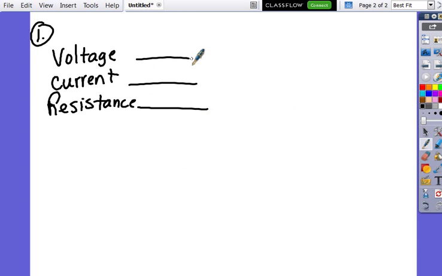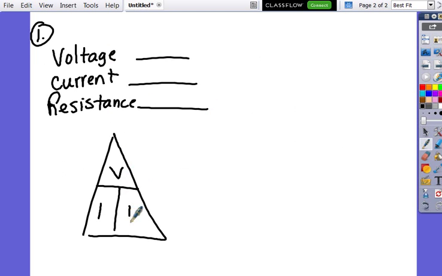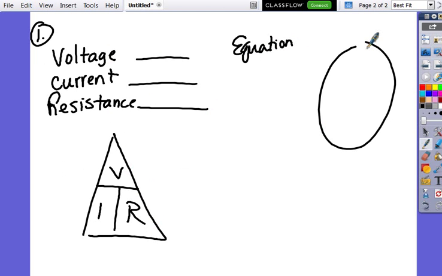We've got our three variables there. And you notice that it also has the triangle. And then it's got a place for you to put the equation. And then it's got a circle. We're just going to put our answer in that circle.